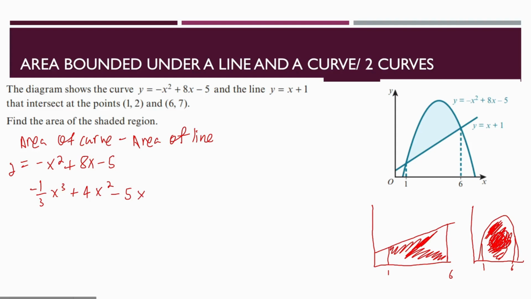So this is the integration for this, and for the line y is equal to x plus 1, this is just going to be x square over 2 plus x. Alright, remember we don't have to add plus c over here, as there is a limit given for us. So the limits that are going to be applied over here is 1 till 6.